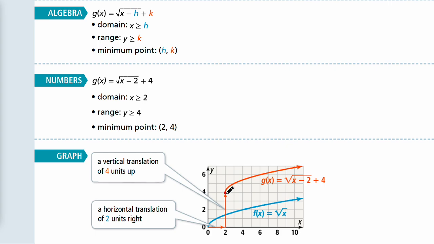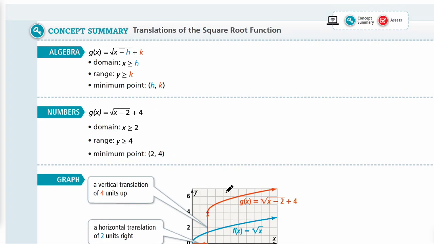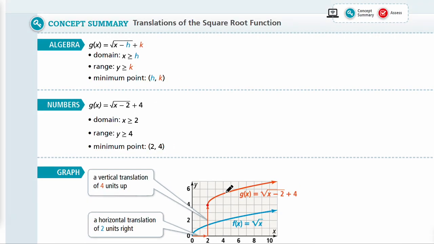So the minimum point for x is 2, and for y is 4. So this graph is a horizontal translation of 2 units to the right and a vertical translation of 4 units up. There are two translations here. Okay, so that was translations of the square root function. We'll continue with the next lesson in the next video.